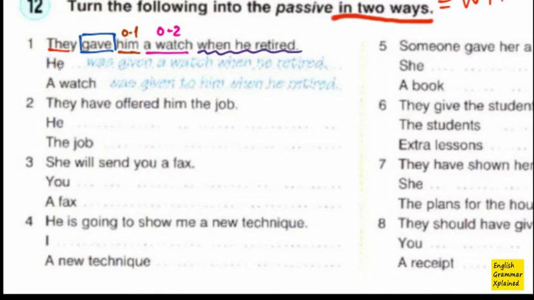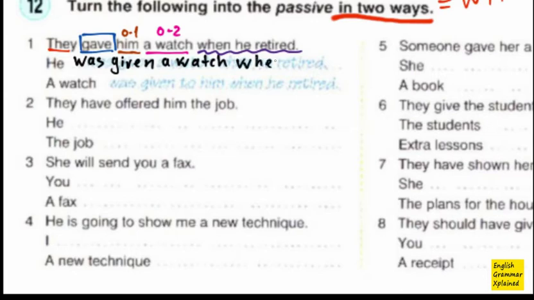Here the first one, he was given. Of course it is written here, but even for me it's difficult to read, so I presume you cannot see anything. So he was given, then I place a watch, and then all this, when he retired.